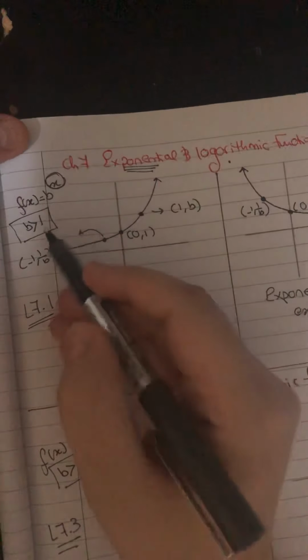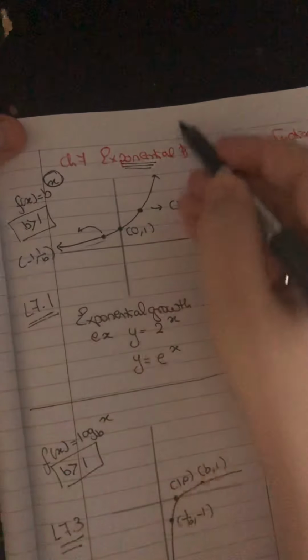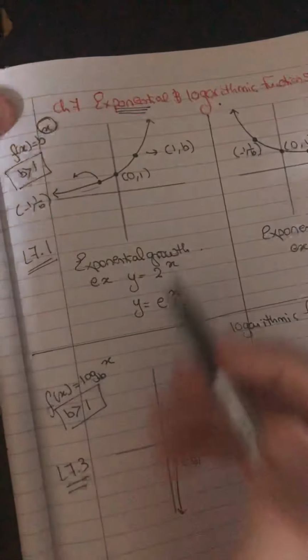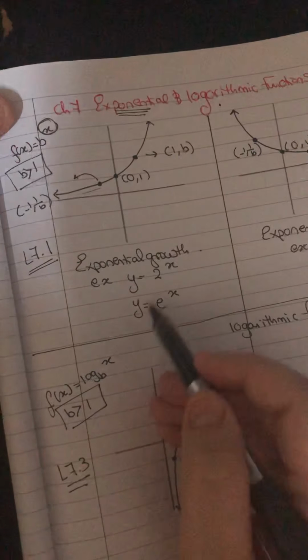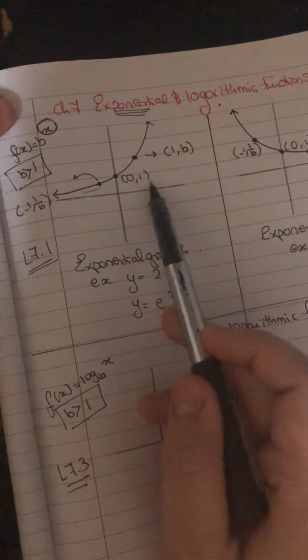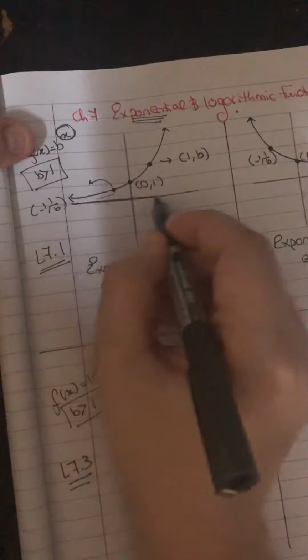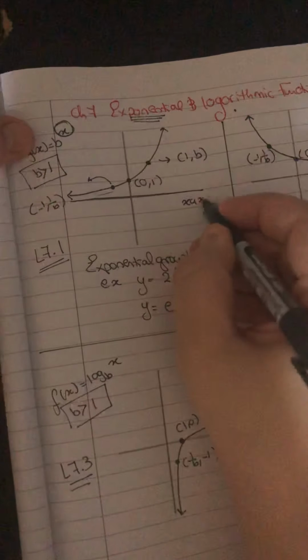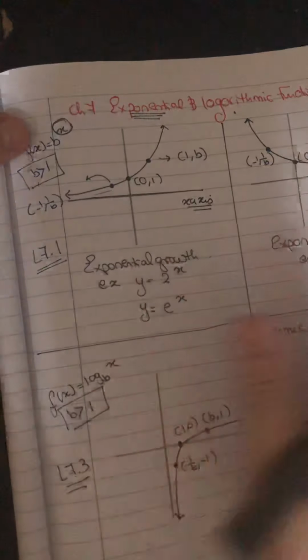If this base is greater than 1, the graph would definitely look like it's an increasing function. And these are the examples: y equals 2 to the power of x, y equals e, which is 2.7, e to the power of x is also having this graph. And here in this graph, the asymptote is the x-axis. This graph as a parent function would never intersect the x-axis.